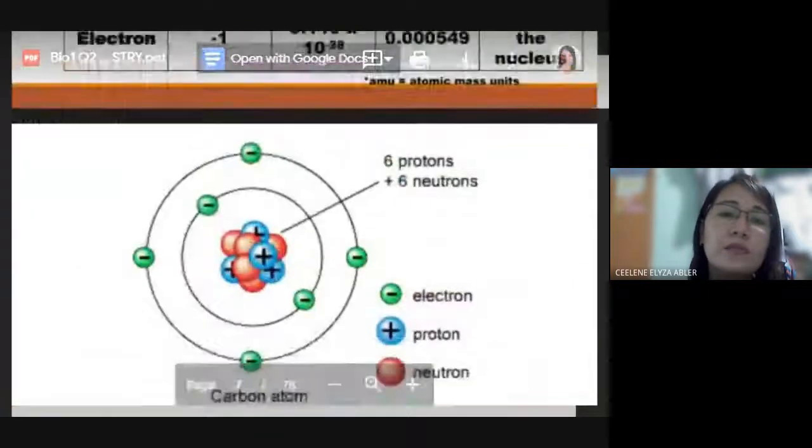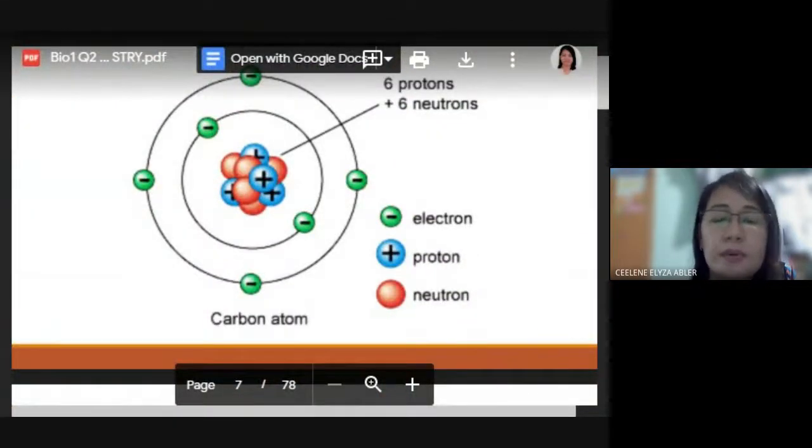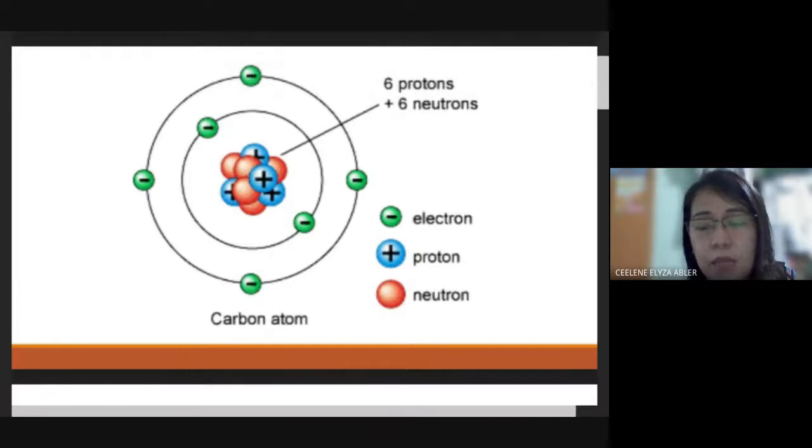For your carbon atom, for example, the atomic number is 6. So we have 6 electrons, 6 protons, and 6 neutrons.